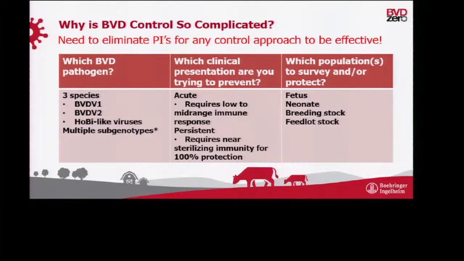In the best of all possible worlds, and of course we don't live in the best of all possible worlds, we would have diagnostics that would pick up each of these species and differentiate between them. And just because God has a really weird sense of humor, in addition to having the 3 species, we also have subgenotypes between the species, and there's sometimes enough variability between those subgenotypes that they become an issue with detection.